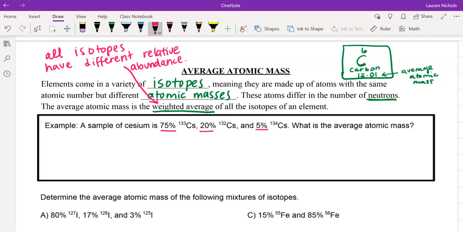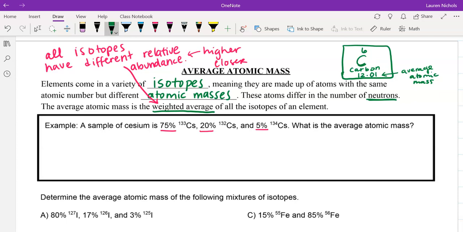A weighted average is also how your chemistry grade is calculated. For example, you know that your test grades are worth more than a quiz grade. Same thing here. Cesium-133 has a higher percentage because it's more common, and so the higher the percentage, the closer the average will be to that value.